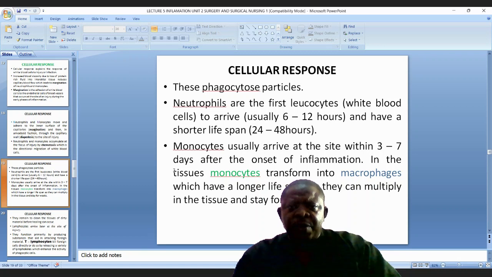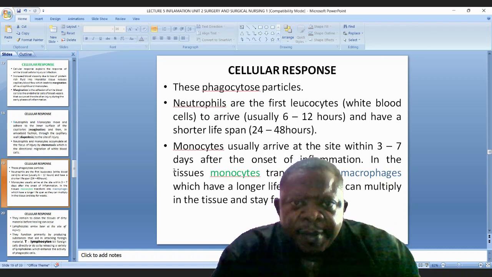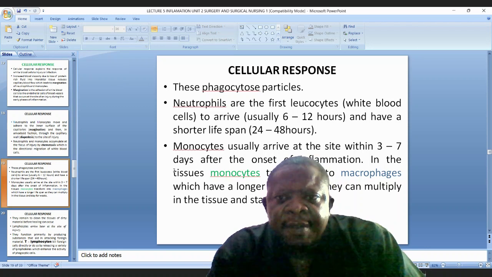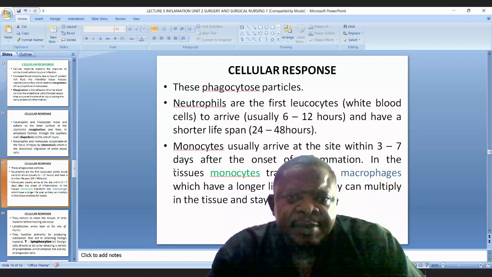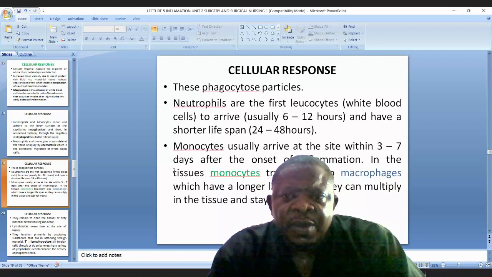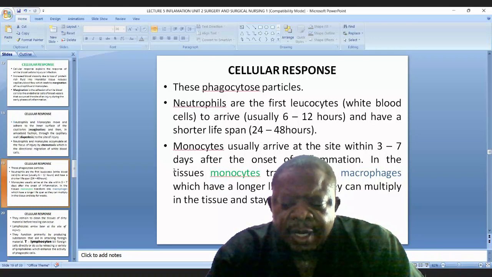Neutrophils are the first leukocytes to arrive, and have a shorter lifespan. Then monocytes usually arrive at the site within 3 to 7 days after the onset of inflammation. In the tissues, monocytes will transform into macrophages, which have a longer lifespan as they can multiply in the tissue and stay for weeks.